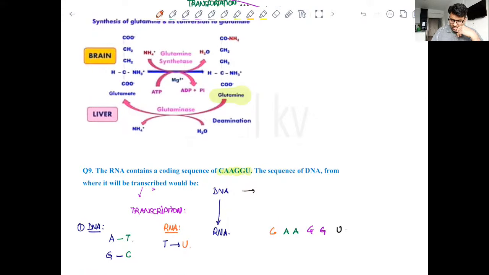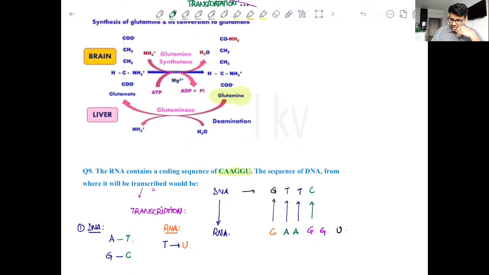Now here, we know that C will pair with G. So here we can write G. A will pair with T. Again, A will pair with T. G will pair with C, again G will pair with C. Now here the term is U. So U can be taken as T for DNA, and T will pair with A.